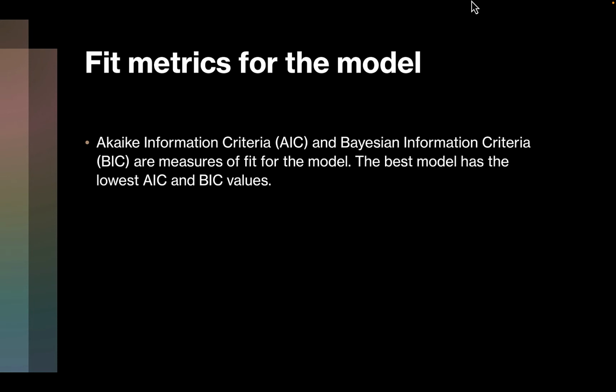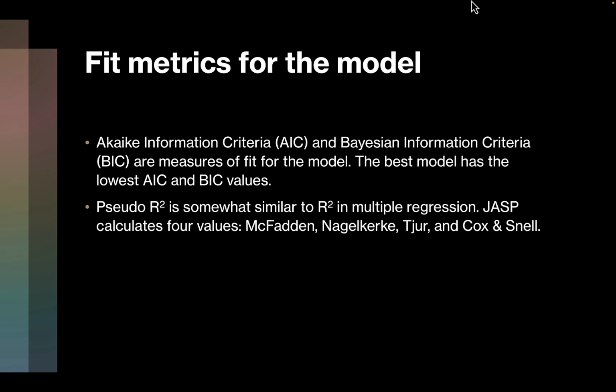And so in our output, you're going to see the AIC and BIC for the null model, which has no predictors in it. And then you're going to see the AIC and the BIC for our alternative model, which is the one with our independent variables. And we want that alternative model to have a lower AIC and BIC.